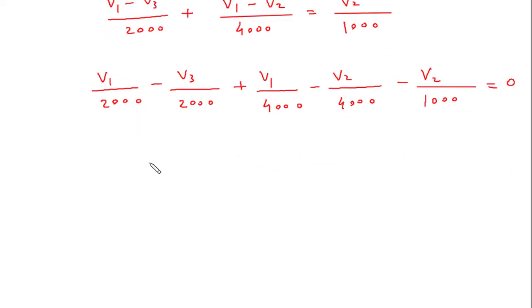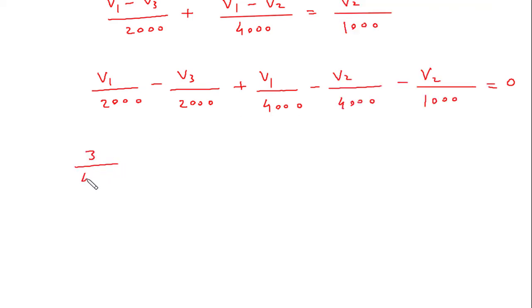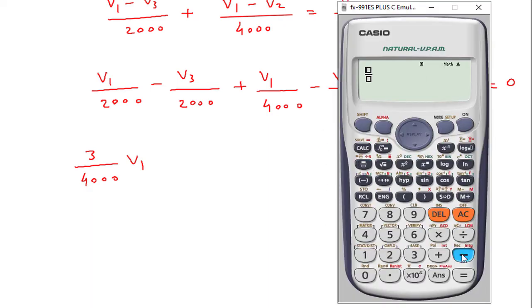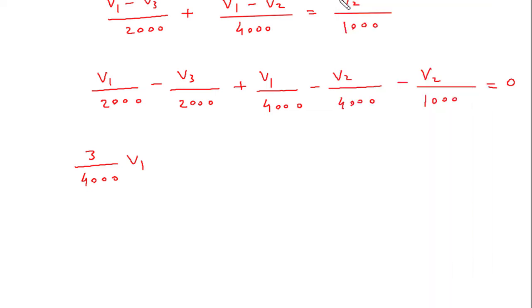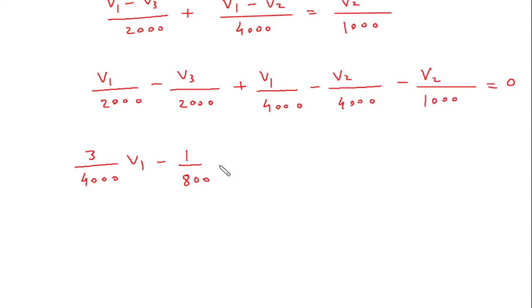Now if we simplify this, 1 by 2000 plus 1 by 4000 is equal to 3 by 4000, so 3 by 4000 V1, and V2 times minus 1 by 4000 minus 1 by 1000, which is minus 1 by 800 V2, minus V3 by 2000 is equal to 0. Let's say this is equation number 2.